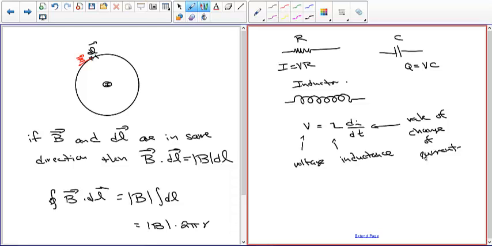So what this says is when the actual current is changing in this loop, going from zero to some value, the amount of voltage generated across this element is proportional to the rate of change of current instead of equal to the current. Here it relates to how fast things change.